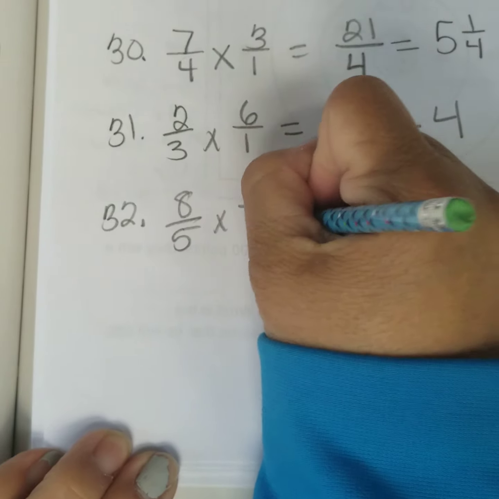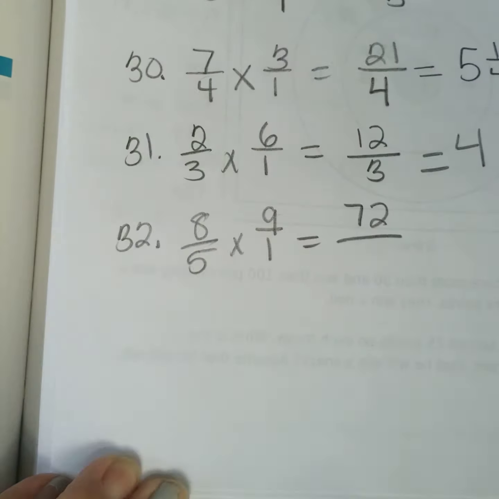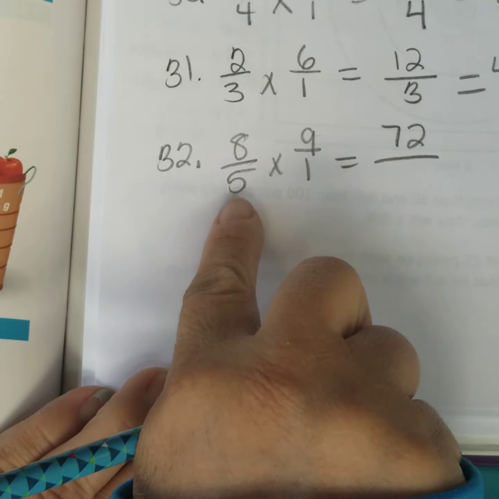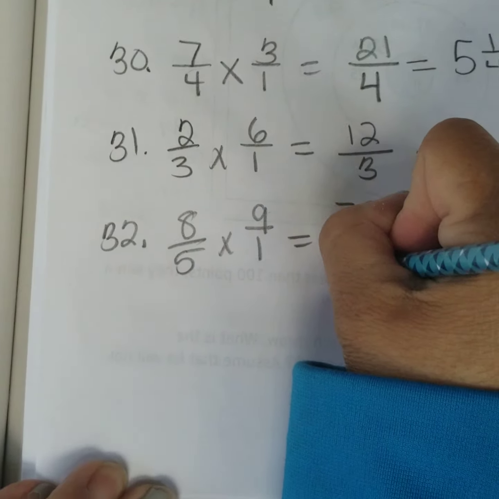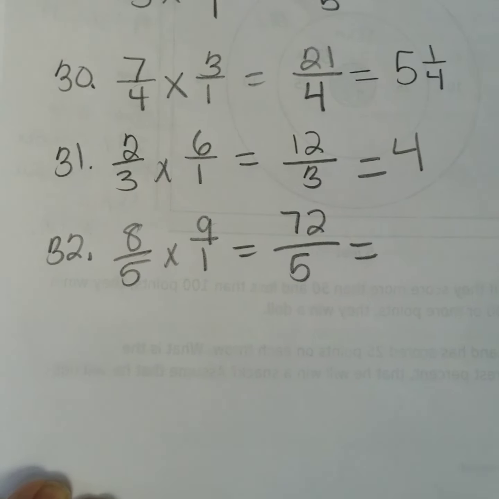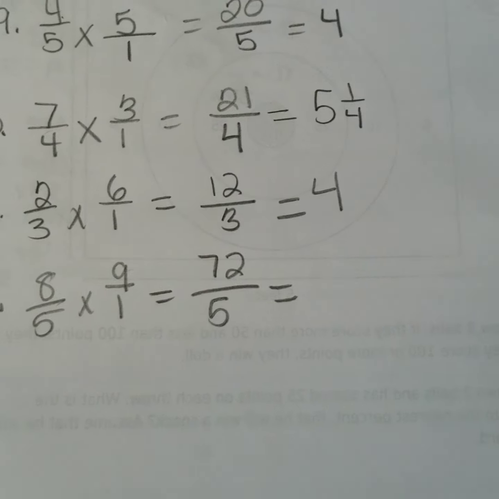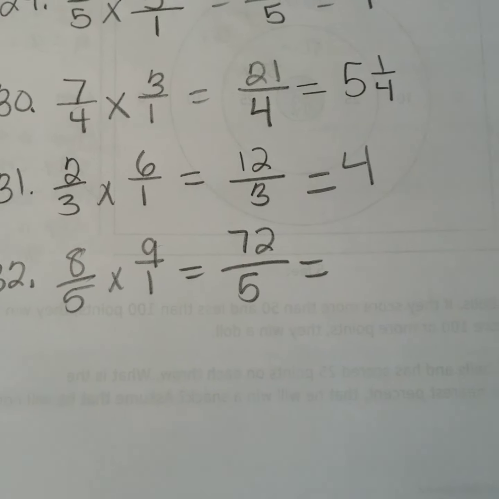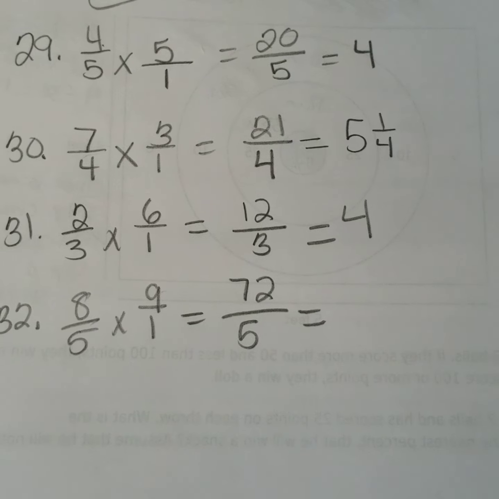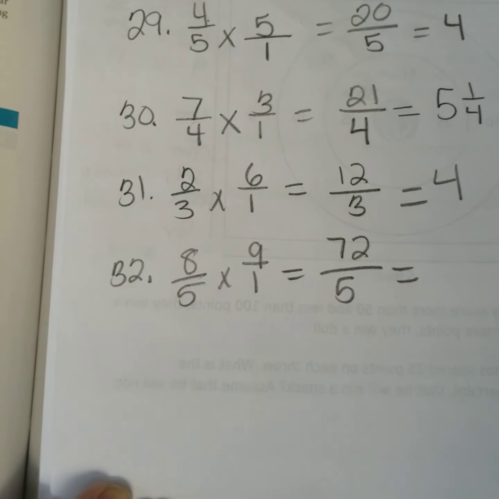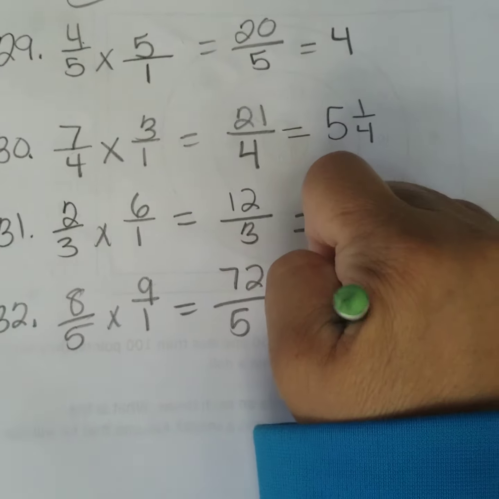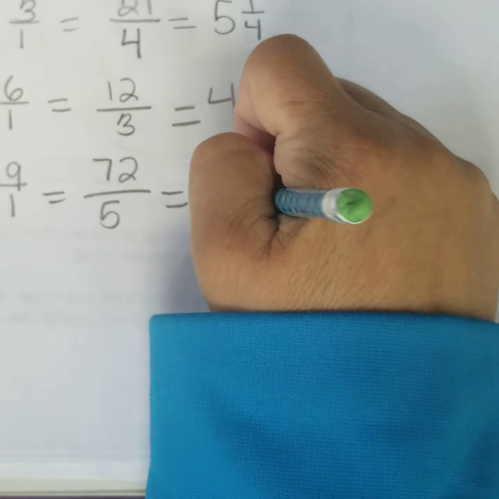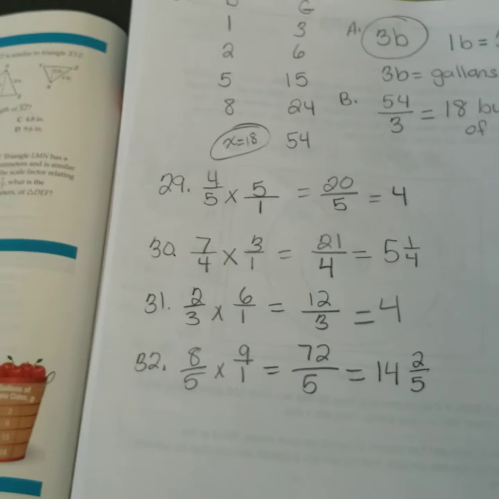I almost gave you the answer again. And we're going to divide that by 5 times 1, which is 5. 72 divided by 5 is, I don't have my calculator, 14 and 2/5. So there it is.